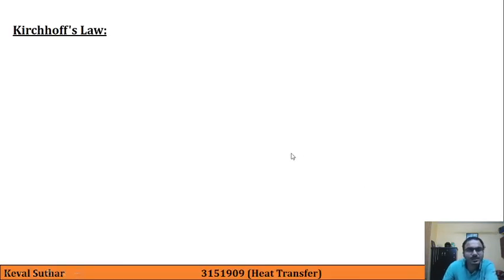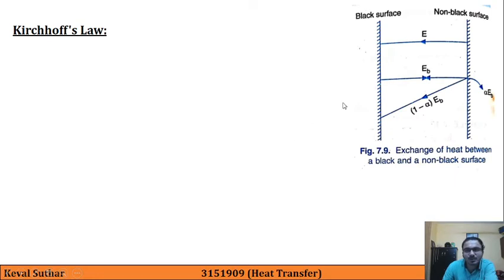Now our next theory is Kirchhoff's law. For that we need to focus on this figure. Here there is an exchange of heat between a black and a non-black surface. On the left-hand side we have a completely black surface, and on the right-hand side we have a non-black surface.